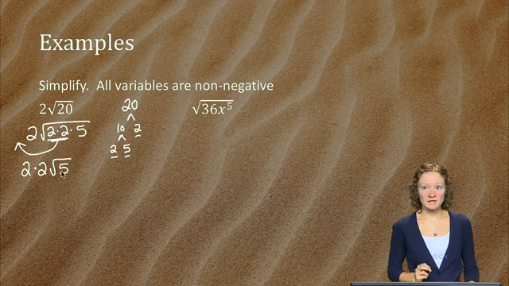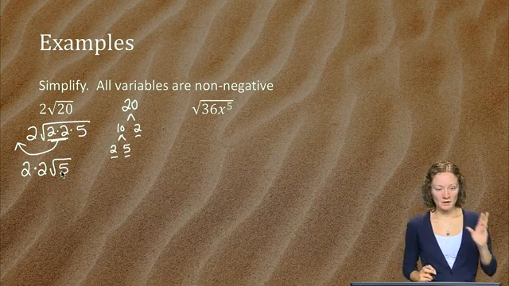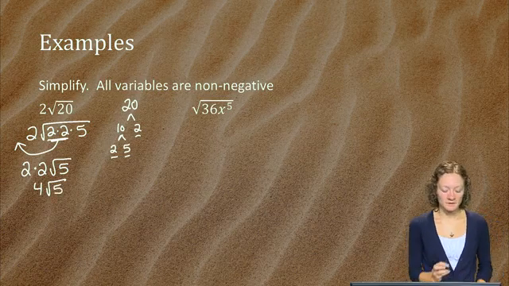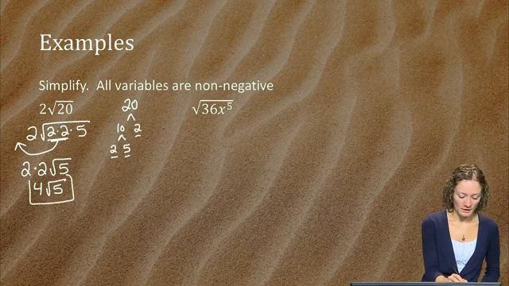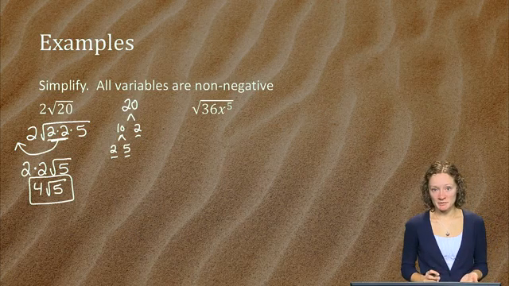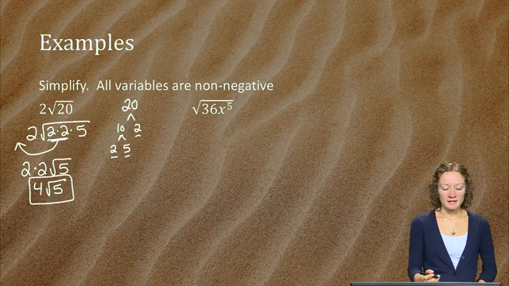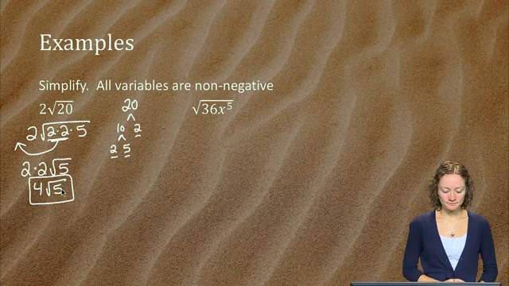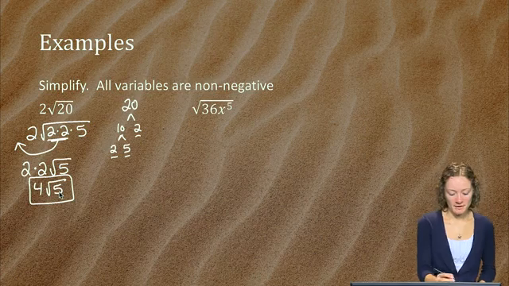So what we have on the outside is 2 times 2, and then 5 inside. That ultimately simplifies to 4 square root of 5. The expectation on pretty much any radical problem is that at the end you make sure there's no perfect squares inside.